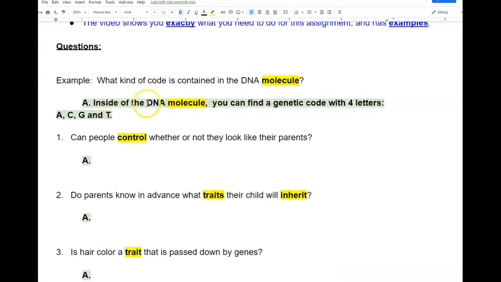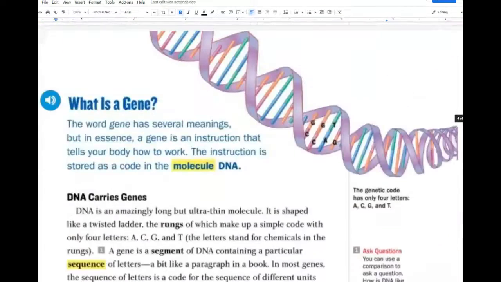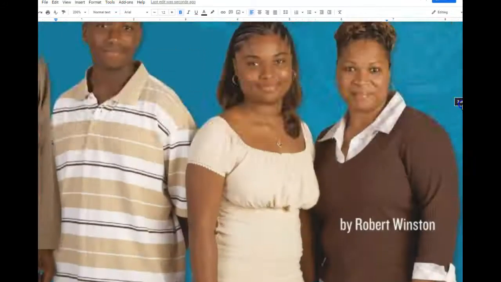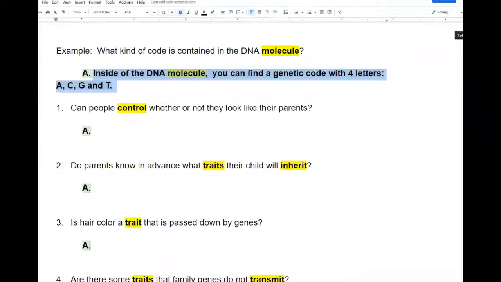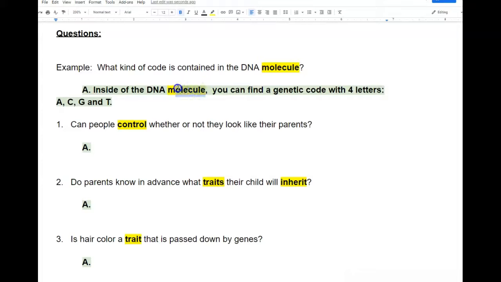We know it's going to be a good answer because we found this information by reading from our text. In this case, it's an article about genes, and we used this key vocabulary inside of our answer, so we can be pretty sure that this is going to be a good answer to the question.